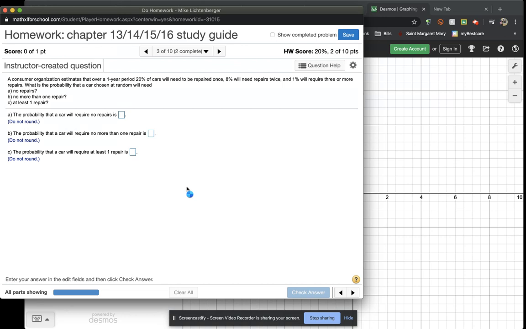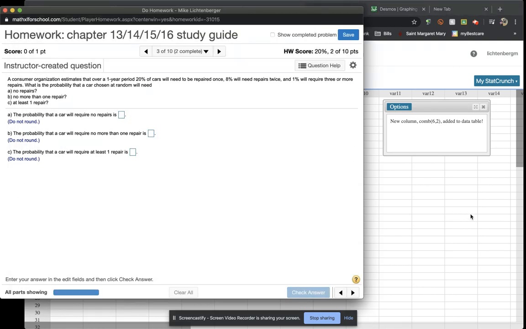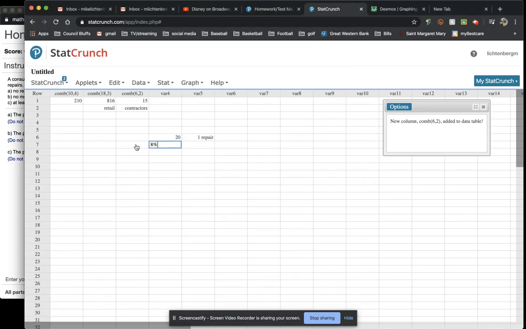Here's the car repair company. So what is the probability that a car will require no repairs? So we have 20% need 1 repair. 8% need 2 repairs.